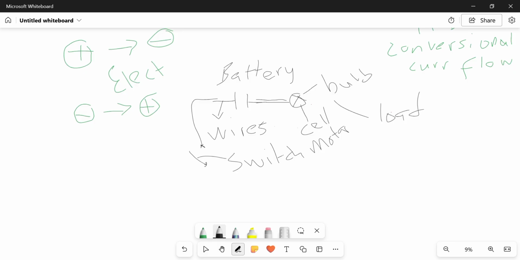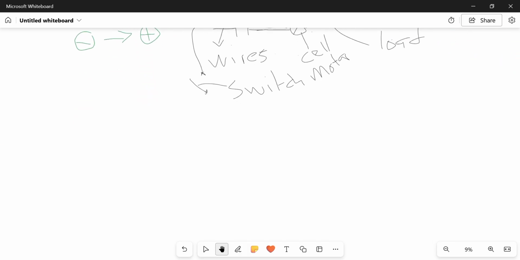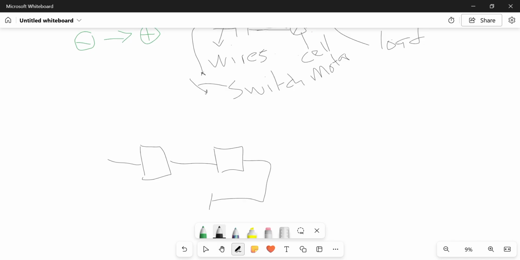Now we're going to discuss a fully functional circuit, the combinations of a circuit. In the combinations we have a series circuit.